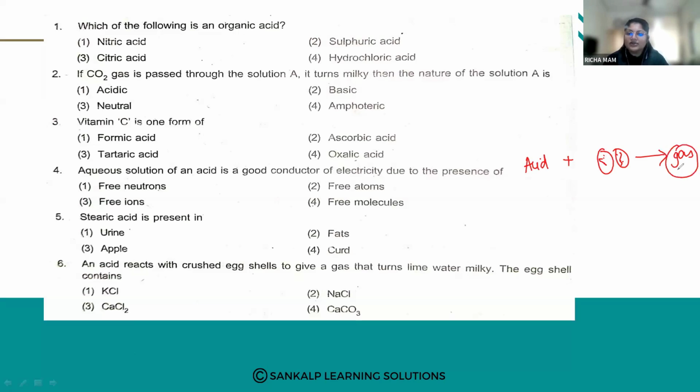This gas turns lime water milky. So what does the eggshell contain?